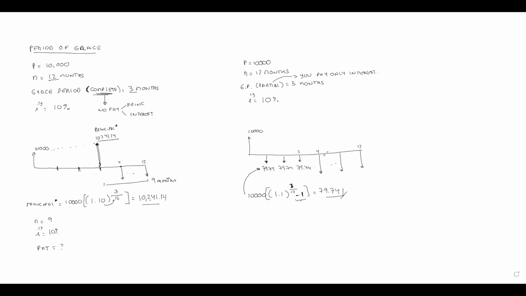Okay, so now how do I compute the payments after that? What is your principal value here? You have been paying interest, right? So that's why the principal should be exactly the same. Make sense to you?